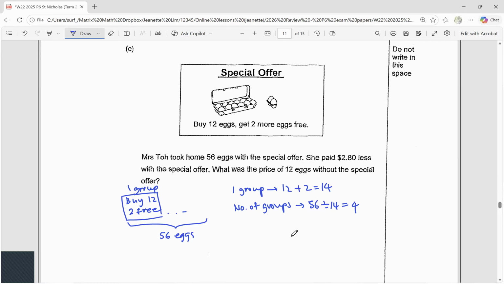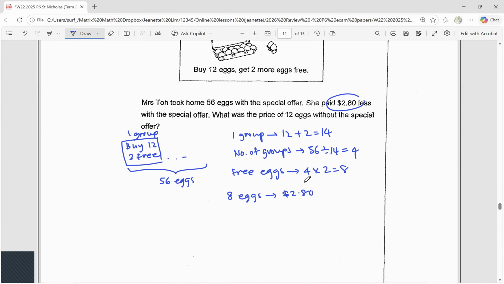Next, I want to find the free eggs, because this 280 cents that she saved will be referring to the free eggs basically. So for groups of 2 free ones, I'm only interested in the free ones. So free eggs would be 4 times 2, 8. Okay, 8 eggs is what she got for free, and this is what she saved. So 8 eggs actually cost 280 cents. We want to find 12 eggs.